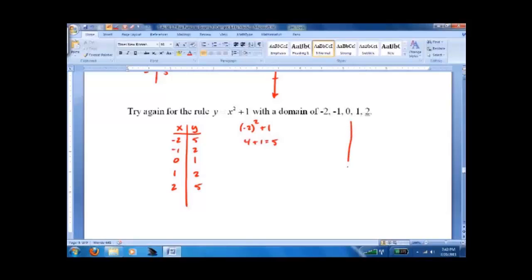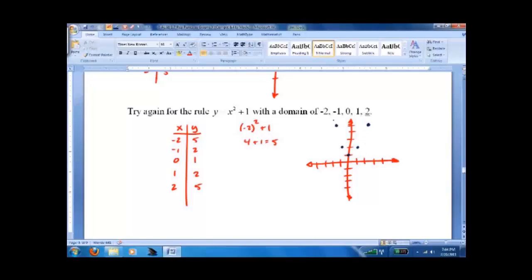Let's plot these points. -2, 5. -1, 2. 0, 1. 1, 2. 2, 5.